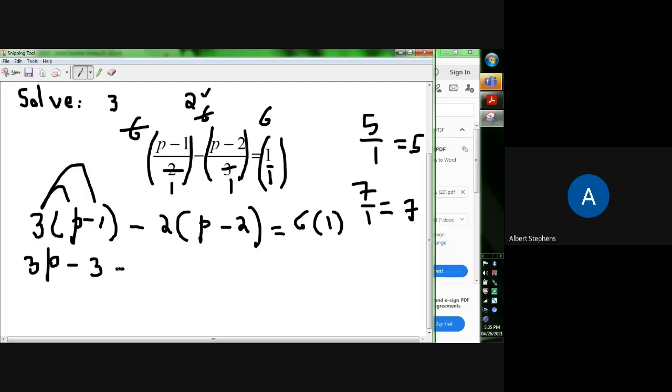So 2 times p is going to be 2p. You could read it this way: negative and a positive give a negative. What sign comes after the 2p and why? It's going to be a plus 4, because negative and negative is positive. 2 2s is 4. Everything equals 6.